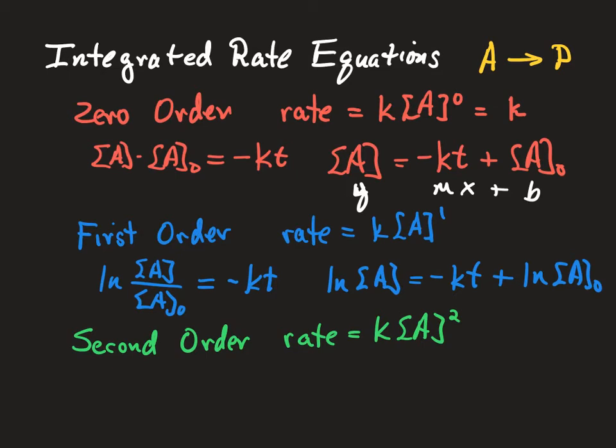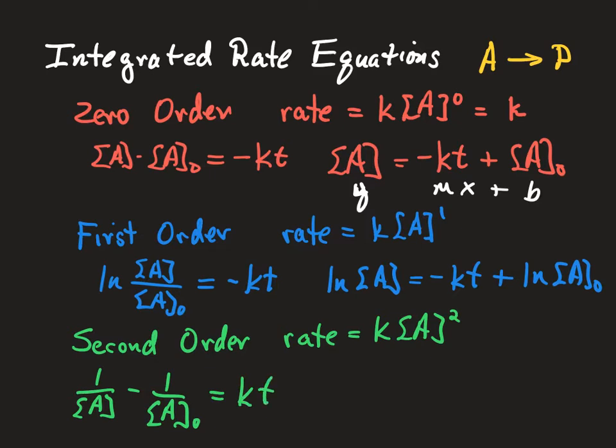If our reaction happens to be second order, then our integrated rate equation would take an even different form. It's 1 over the concentration of A minus 1 over the concentration of A0, or the initial concentration, is equal to k times time.